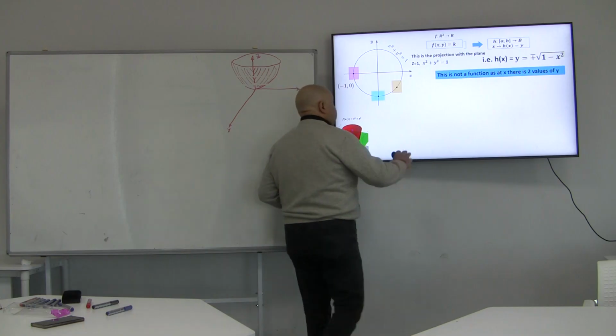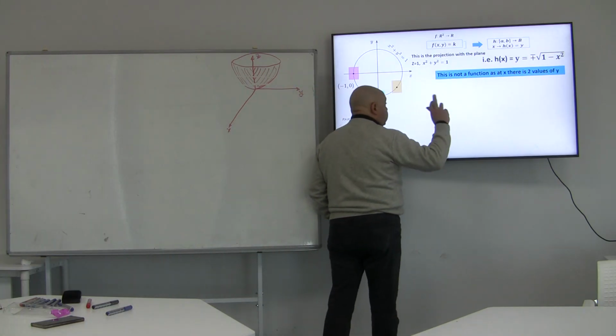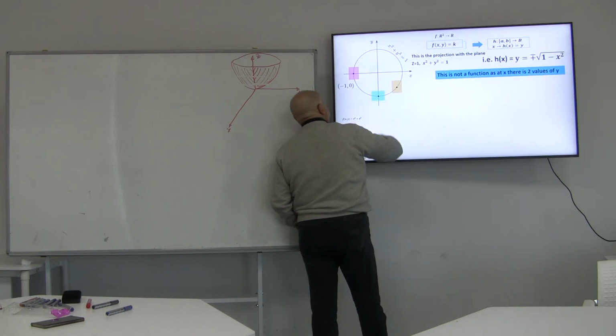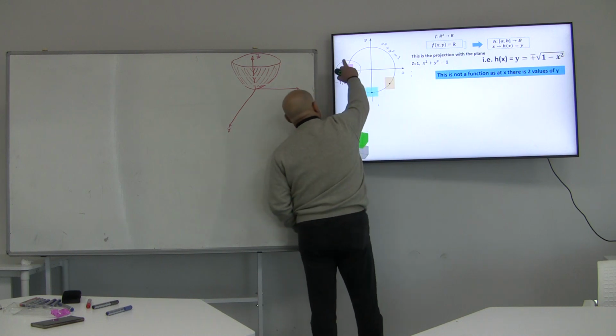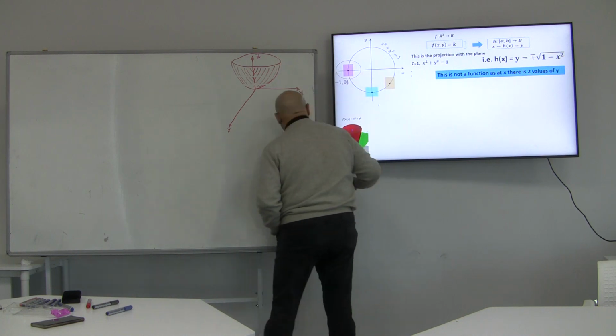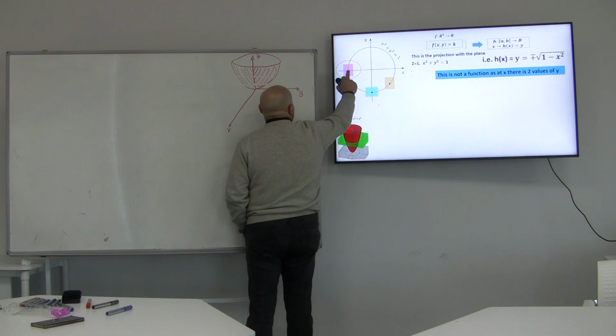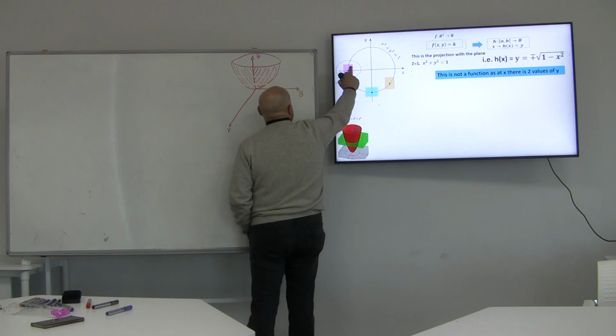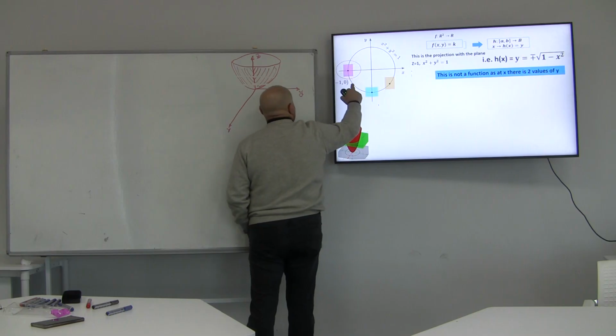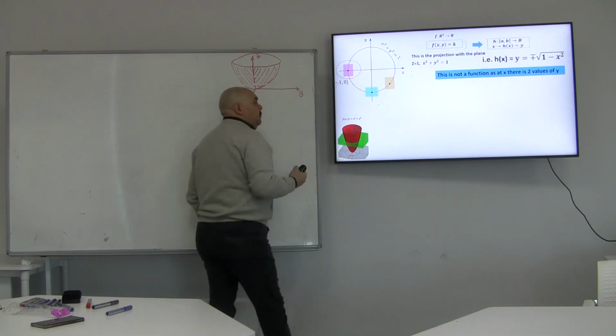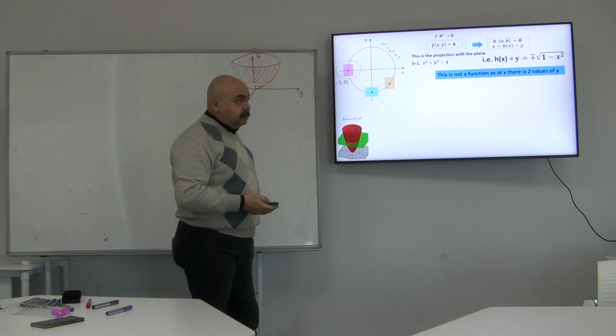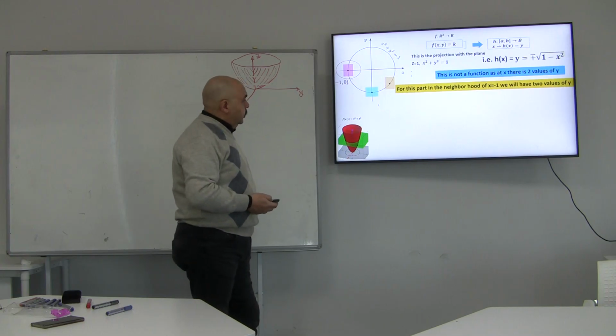So in general, this is not a function. If you discuss the case at negative 1 and 0 specifically, in the neighborhood of this point, at any point within x, a vertical line going up and down will cut the shape in more than one point. And this is why it's not a function.